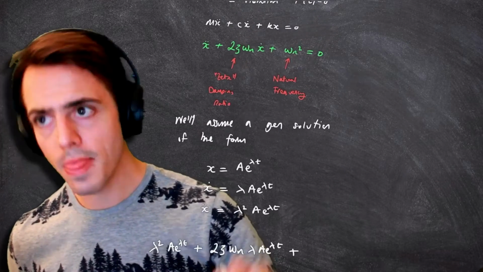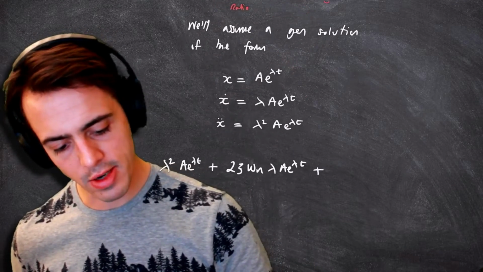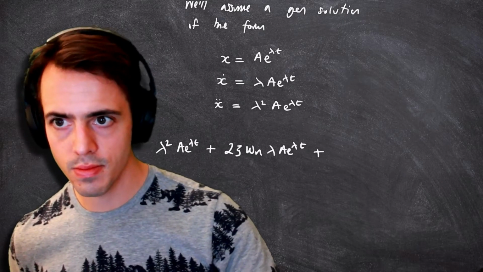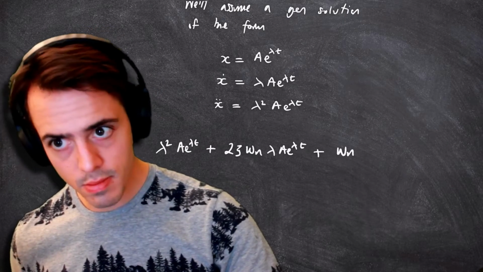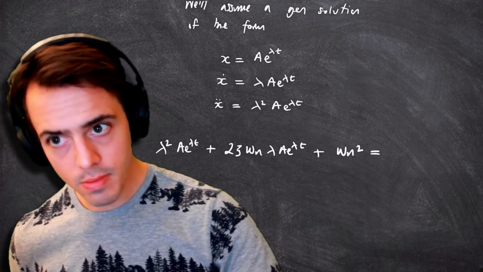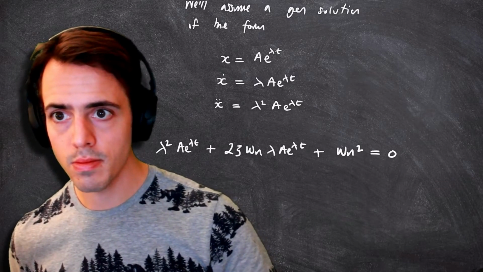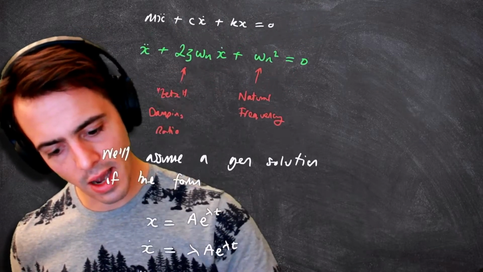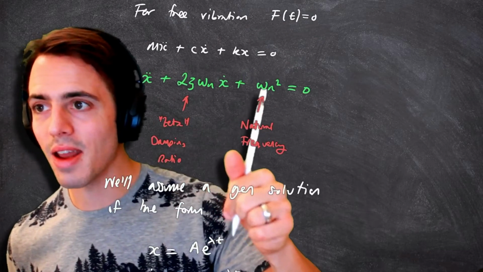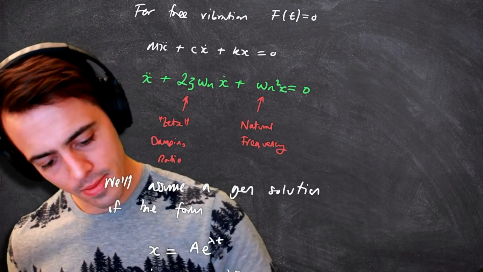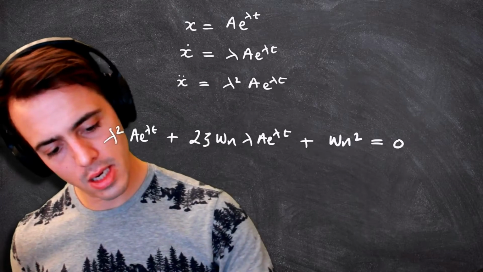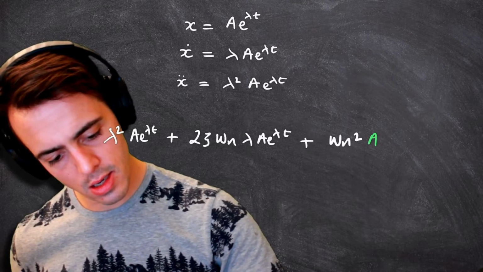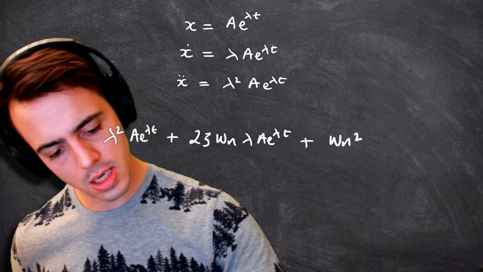And then this last term, I've got omega n squared, and I'm missing an x here, so I do need to put that in, so I have omega n squared A e to the lambda t.